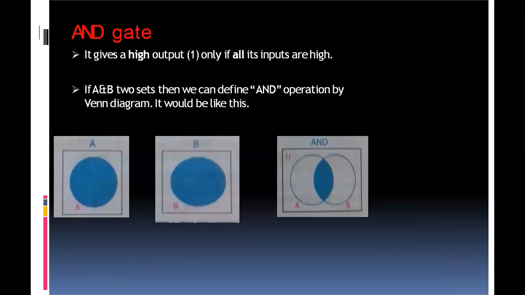And with the Venn diagram, we can also show AND gate. Here A and B are two inputs, and finally the blue colored region is called AND of A and B. Here AND is nothing but the common region for A and B.